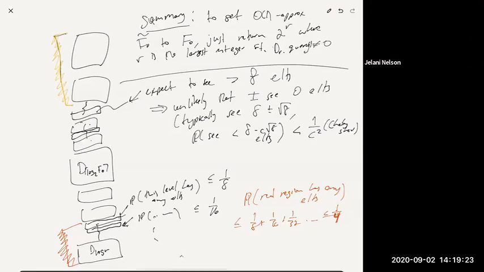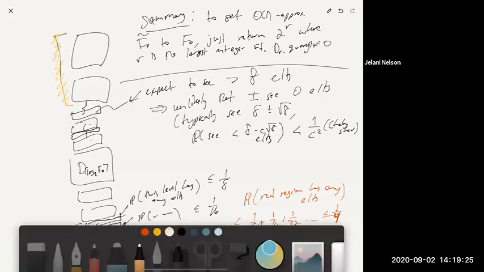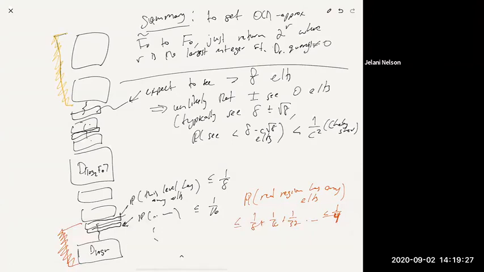Which means that with good probability, the output is going to be some r in this teal region. And any output in that teal region is within a constant factor of the truth. This is basically the logarithm plus or minus 3 or 4 positions. Okay, does that make sense?